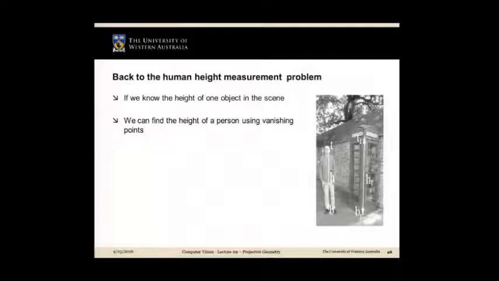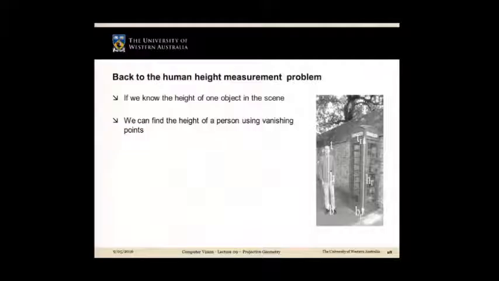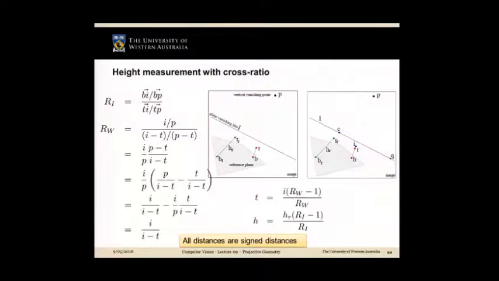Point I is actually somewhere here; it is the projection of this point. Then you take the cross product of these points and you get a line, and by taking the cross product of points BR and B, you get another line. You take the cross product of the two lines to get point Q.